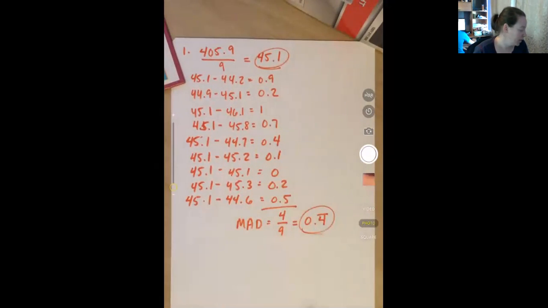Okay, now number 2: below are different drivers' times for the same route. Find the mean and the MAD using a spreadsheet. Enter the data values into row 1 using cells A1 to I1. Okay, so we could do this online on an actual spreadsheet.